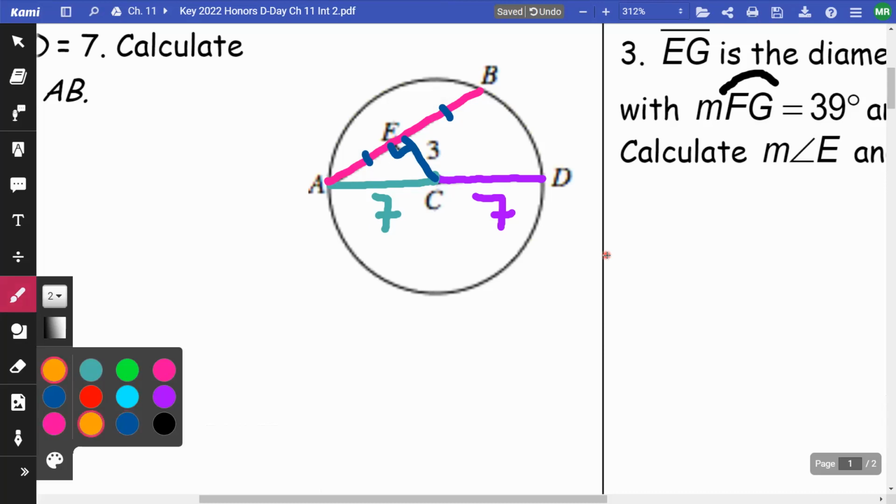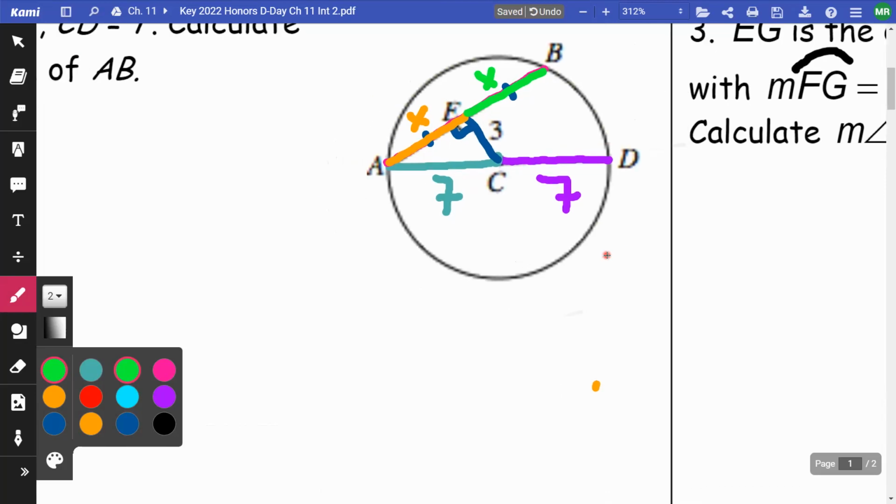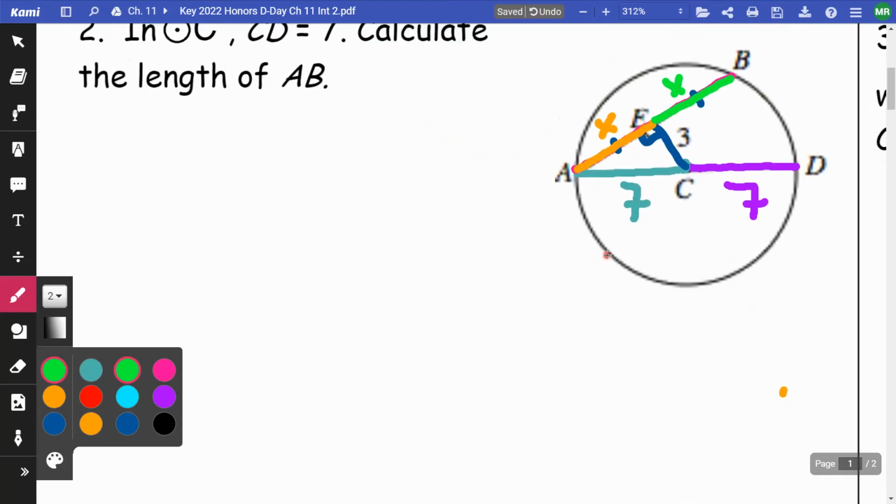I'm going to say that this right here is X, which means that this side here is also going to be that same length X because it's bisecting it. And together, those added up is going to be AB.